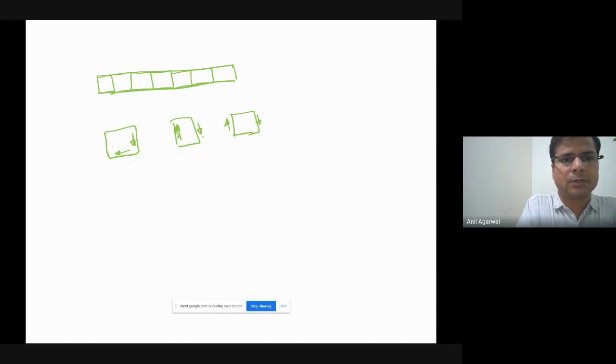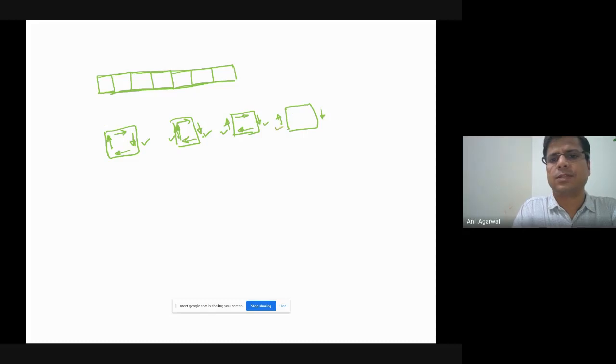I'm sorry, the pen is not working very well. All right, so now this shear and this shear will cancel each other out. Similarly, this shear and this shear will cancel each other out, and so on.